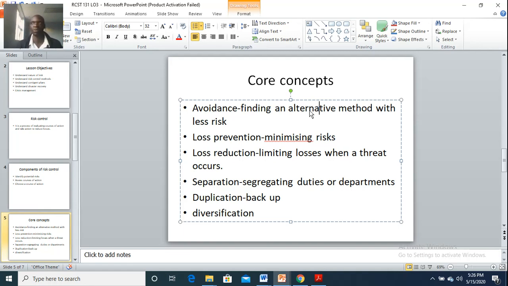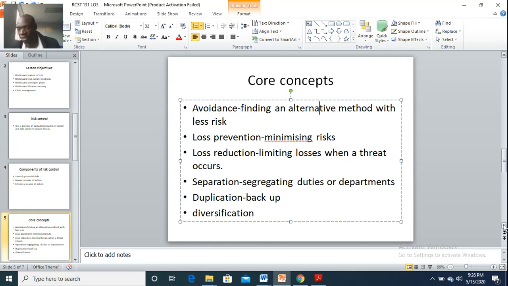Duplication in terms of data: we can have a database which backs up, in the event that our lab has been affected or there is a fire outbreak which damaged the computers. Still we can recover our data. That's the backup plan. Duplication. Diversification: don't rely on one line of business.